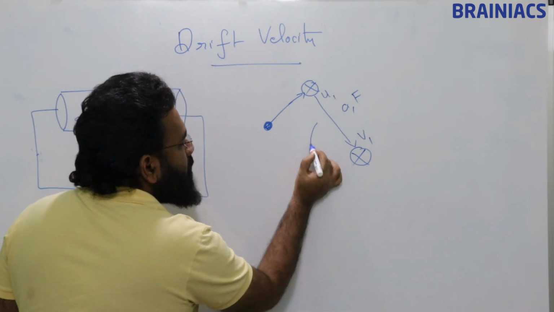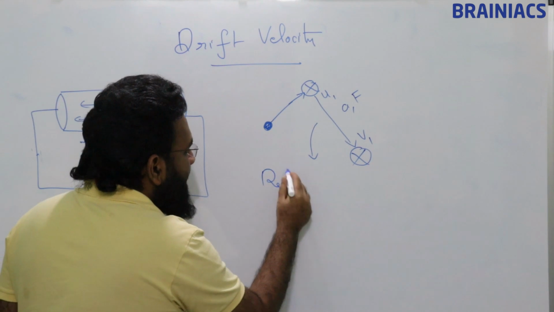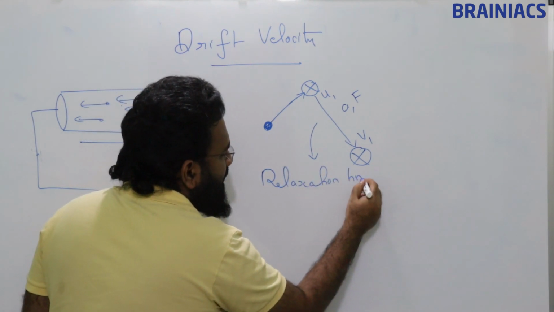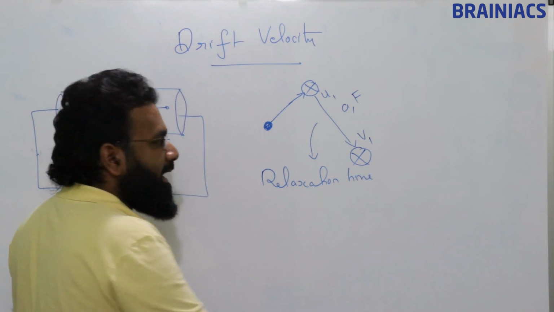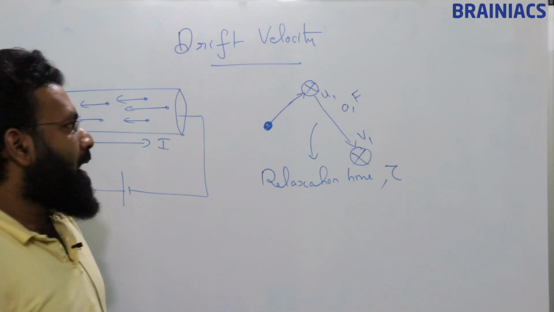The time between two collisions is called relaxation time, which is denoted as tau.